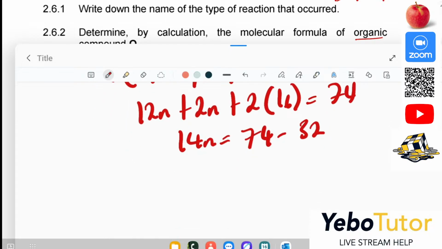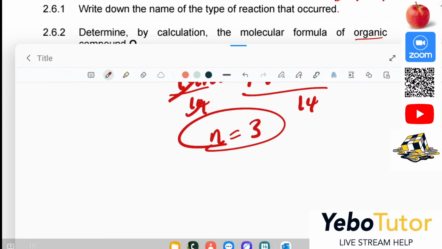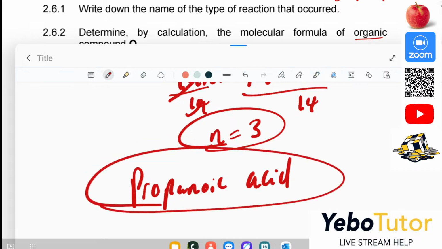When we divide all through by 14, we get n equal to 3. So definitely, since it's 3, the IUPAC name is based on propane, and since it's a carboxylic acid, that will be propanoic acid. Easy stuff.